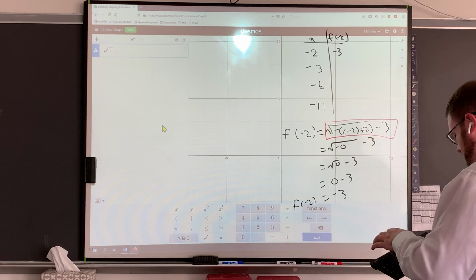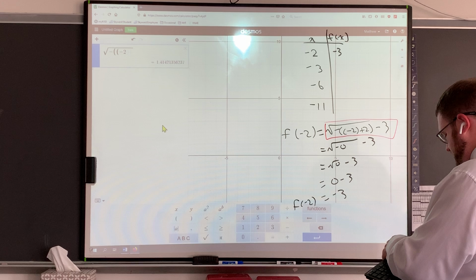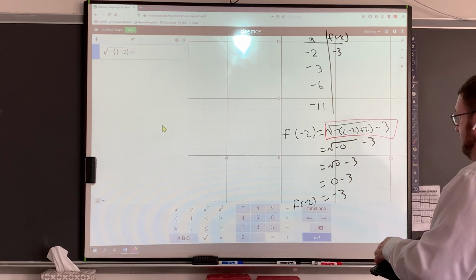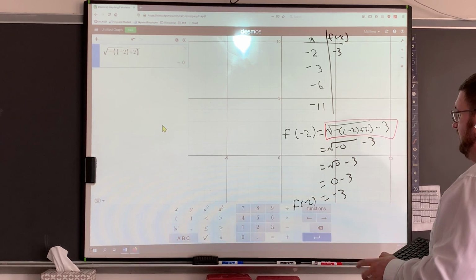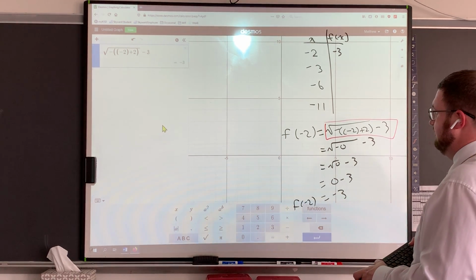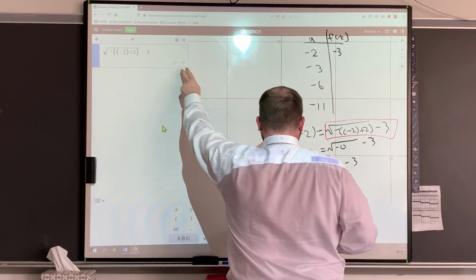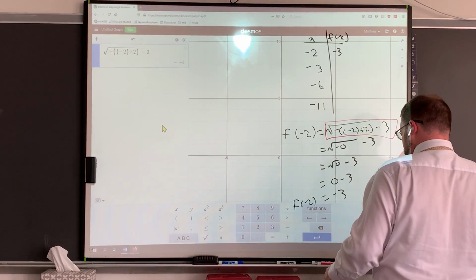Negative, open parentheses twice, negative 2, close parentheses, plus 2. And then to get out of the square root, I'm going to press the right arrow. I'm going to do minus 3, and it will tell you up there. I know you probably can't see it on the video, but it says right there that it's negative 3. So that's where we can get that from.